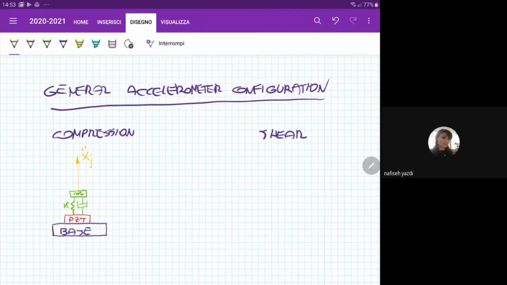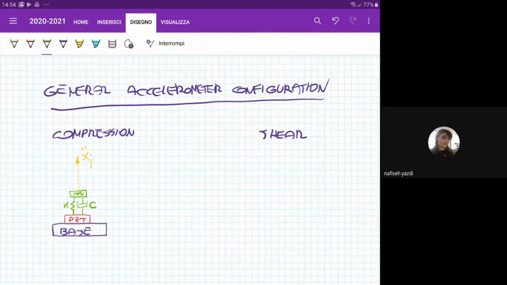Can you see the operating circuit? We have the mass that is sensing the acceleration, and this mass is connected through a stiffness and through a damper, C, through to the piezoelectric. And this piezoelectric is bonded to the base stack.